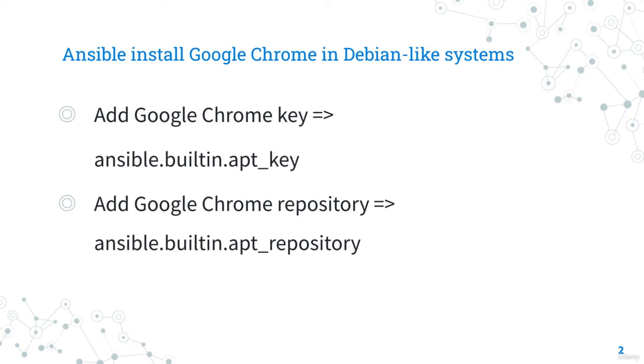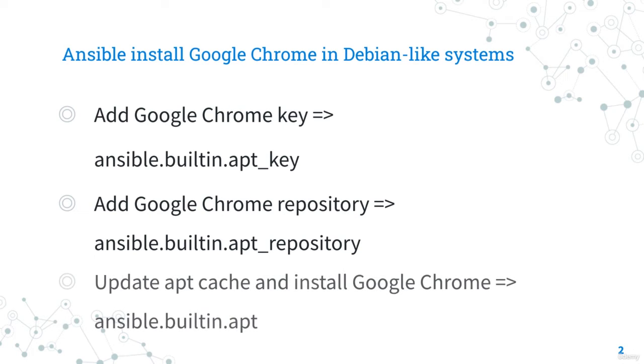You are going to use the ansible.builtin.apt_repository Ansible module. The third step is to update apt cache for the available packages and install Google Chrome using the ansible.builtin.apt Ansible module.